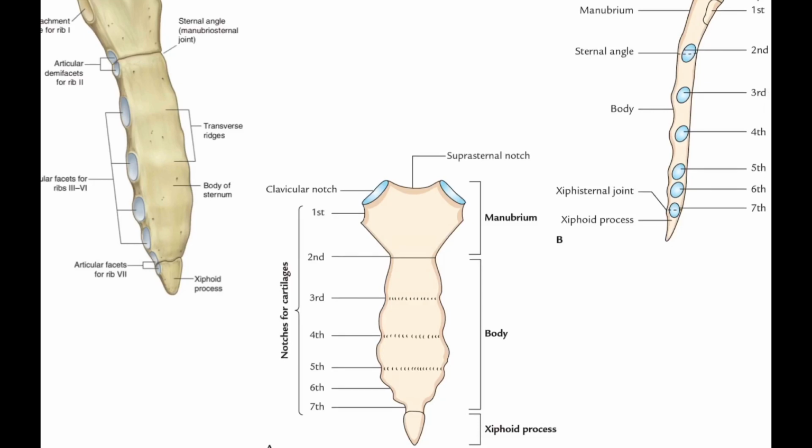The manubrium sterni is quadrilateral in shape. The word quadrilateral means it has 4 corners, 1, 2, 3, 4, and 4 sides. It lies opposite to the 3rd and 4th thoracic vertebrae.